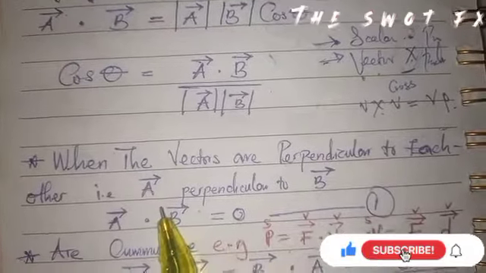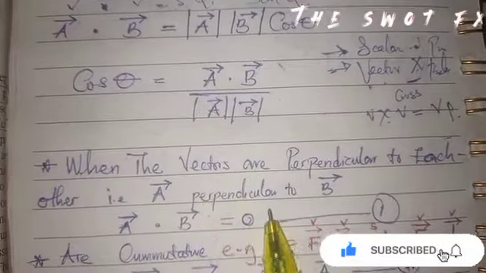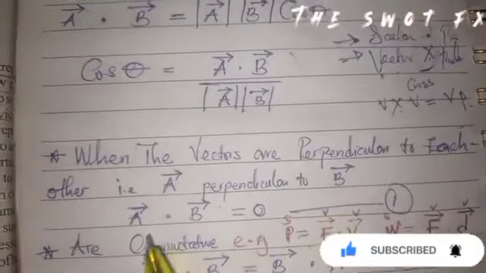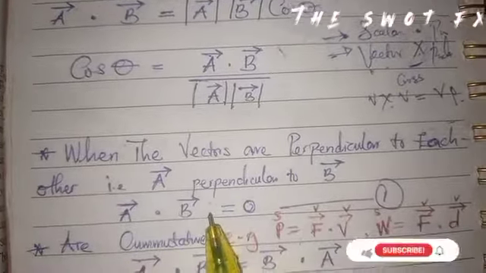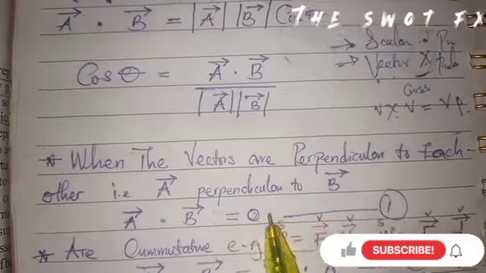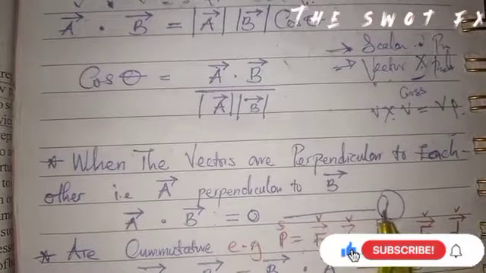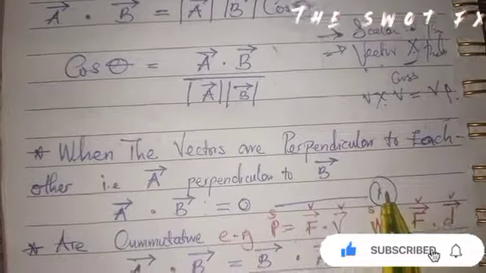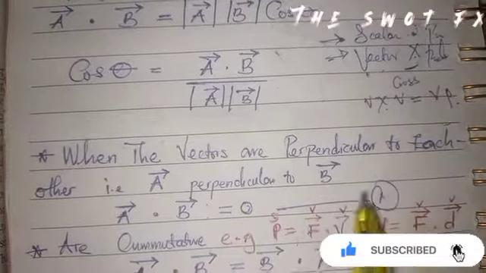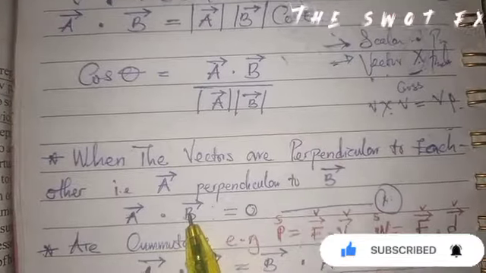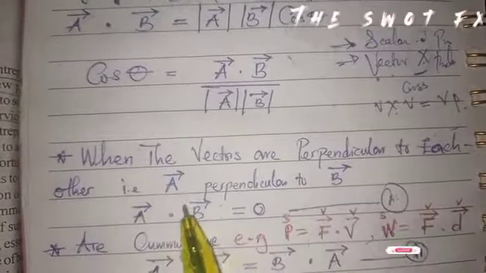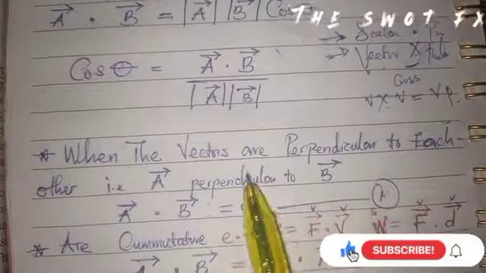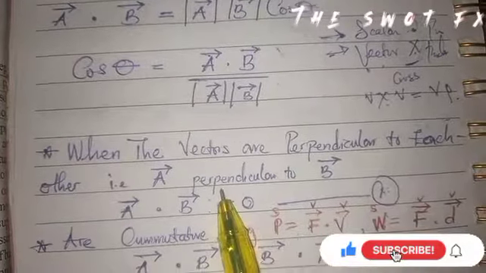We have A when A is perpendicular to B, or when B is perpendicular to A, we have A dot B, and it is usually equal to 0. Please take note. That's why I put equation 1. Let me put it as point 1. A dot B, vector A dot vector B, is equal to 0 when they are perpendicular to each other.